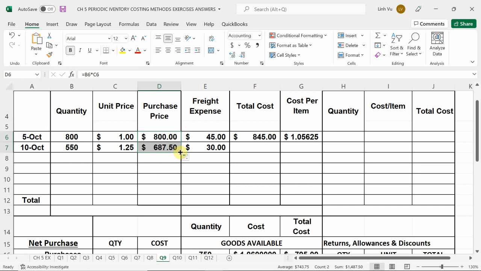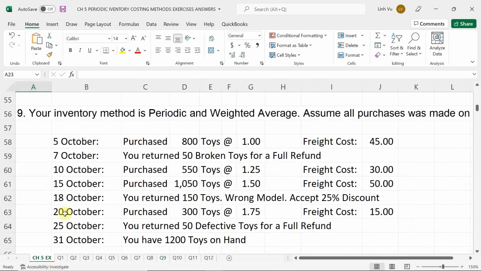Good. Plus my freight, $30. In this case, do I need to solve for my cost per item? No, it wouldn't matter at the end of the day. But if you want to do it for practice purposes only, go for it. Then let's see what happened next.